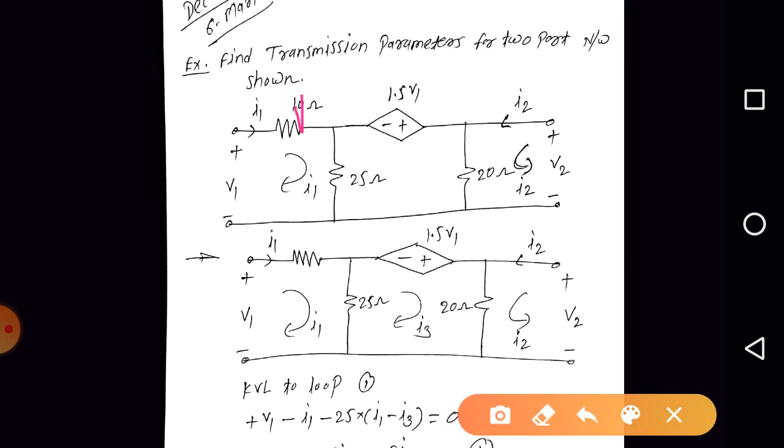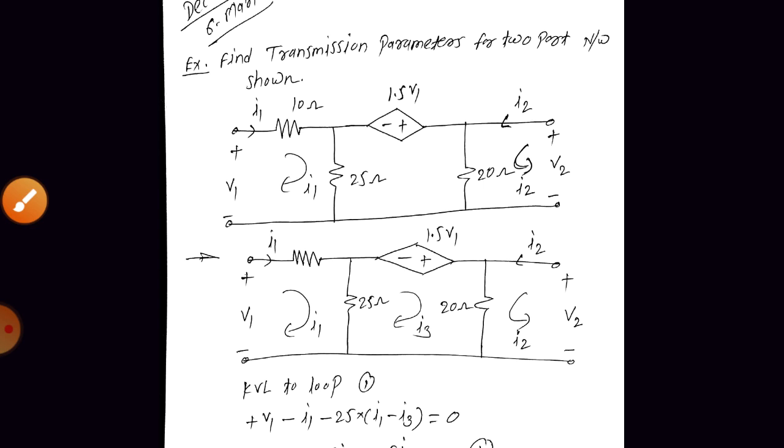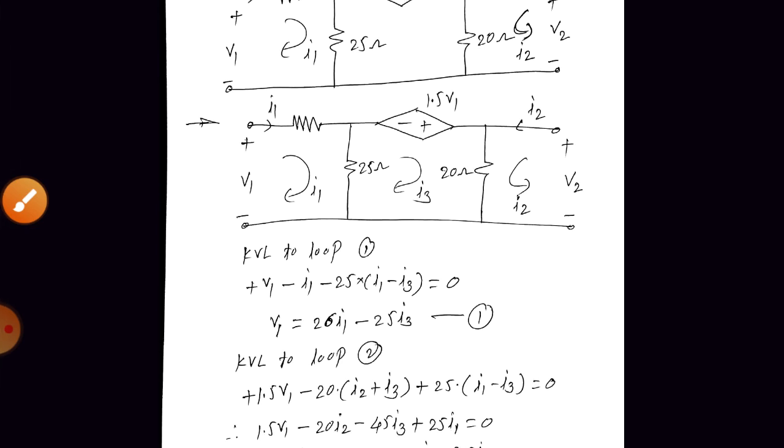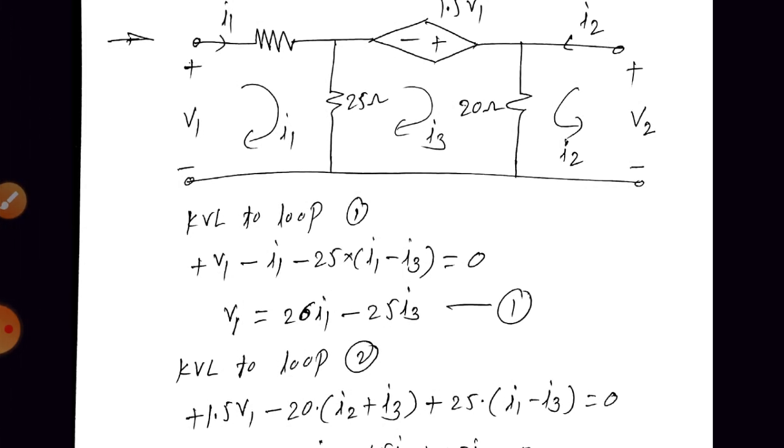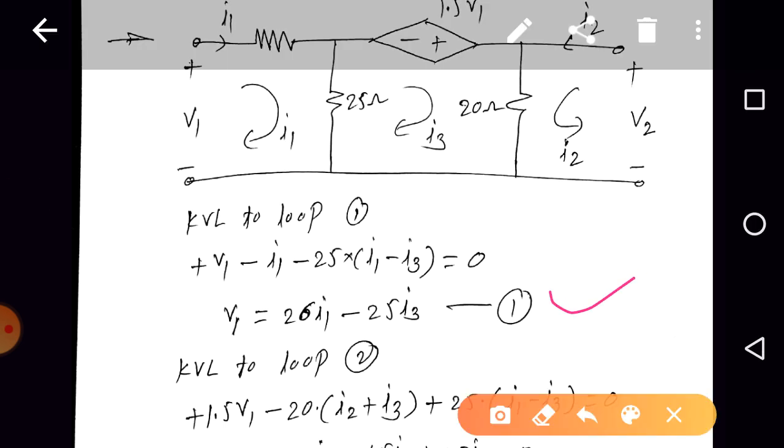So it is plus V1 minus 1 into I1 minus 25 into (I1 minus I3) is equal to 0. So we can write it as V1 is equal to 26 I1 minus 25 I3. This is your equation 1.